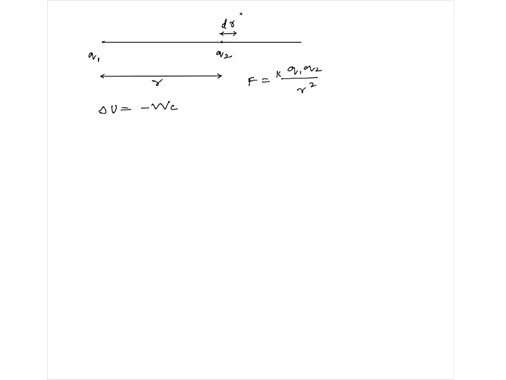So as Q2 moves, the little work done would be this, F dot dr. F is to the right, dr is to the right. So in dot product we have cos 0. Cos 0 is 1.